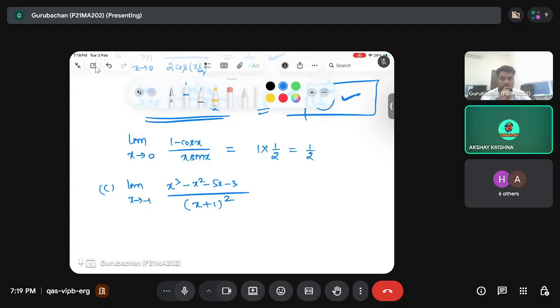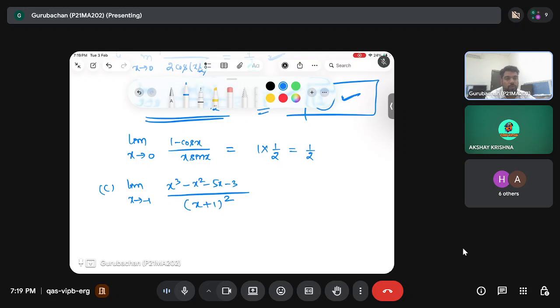It will be 0. And what about the numerator? 0, sir. Okay, so that means a 0 by 0 form is again coming, and there is a possibility that this limit might exist.